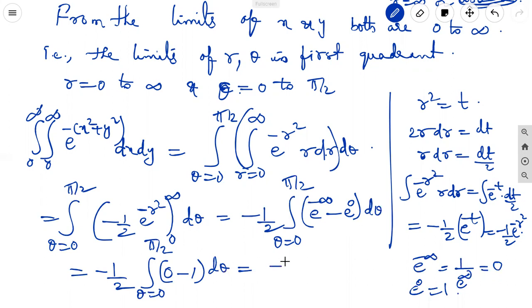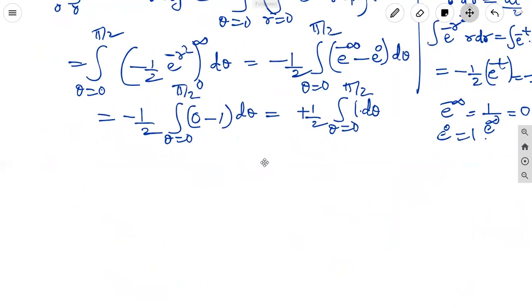It is equal to minus 1 by 2. This minus 1 d theta means plus 1 integral theta equal to 0 to pi by 2, 1 d theta. Integral of 1 d theta is theta.